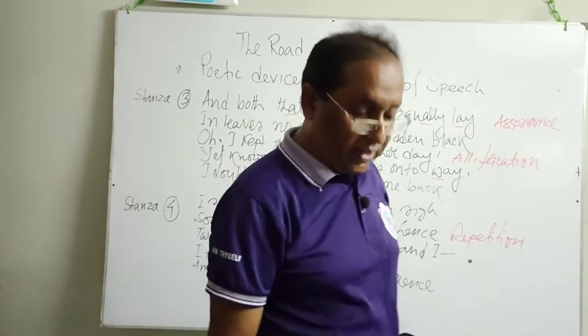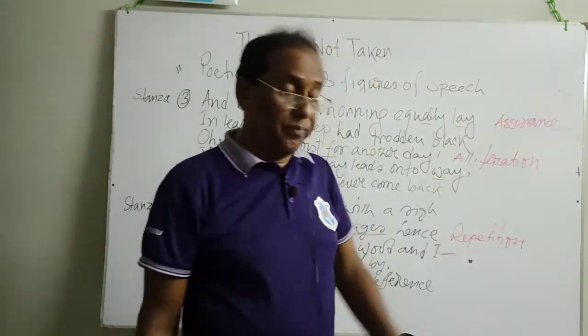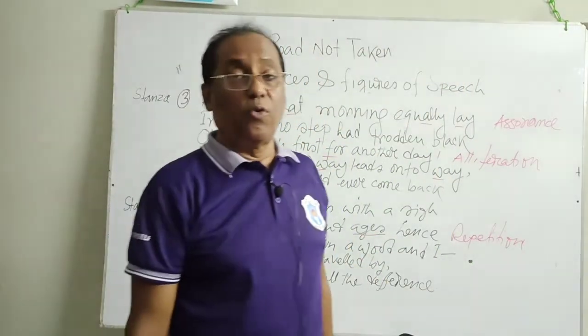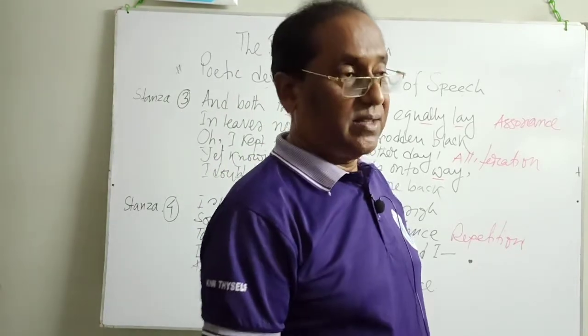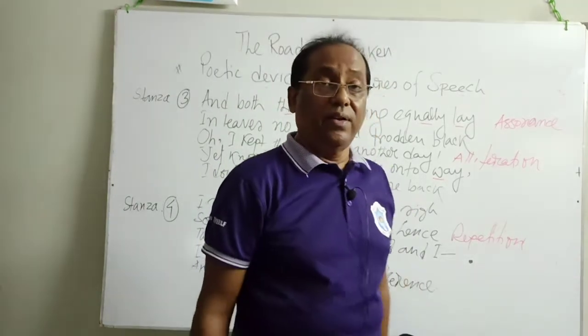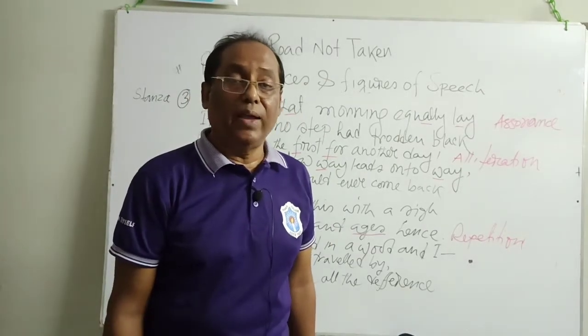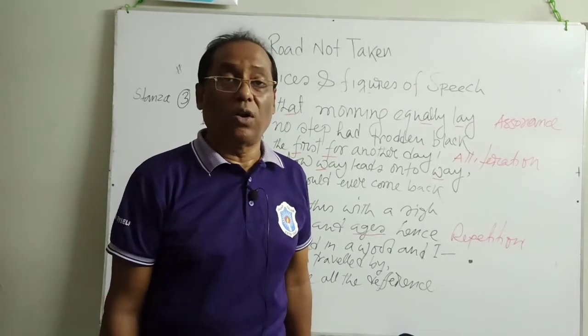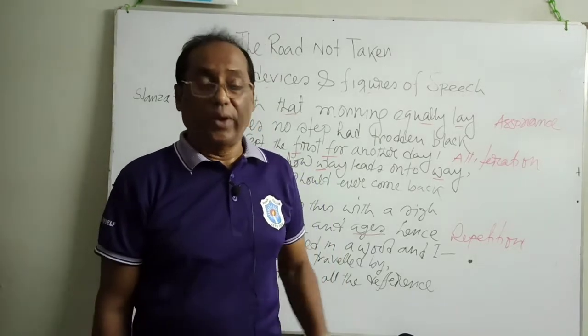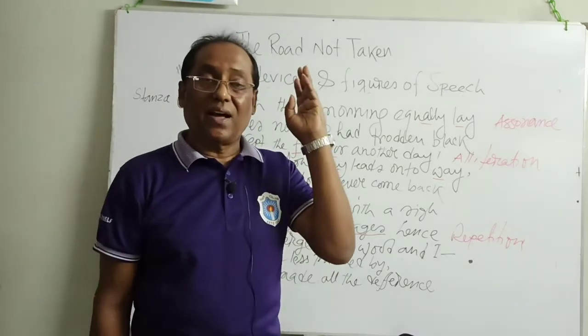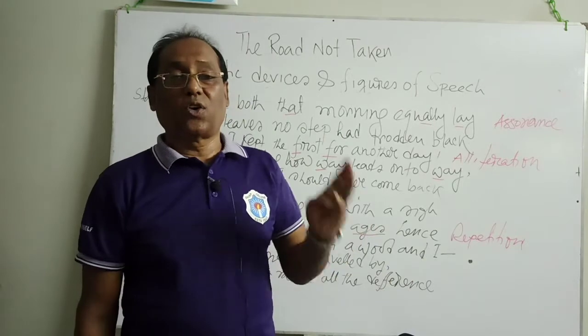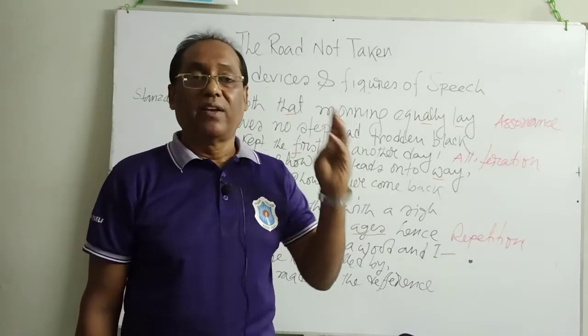As I have mentioned, in this poem we find 4 stanzas and each stanza consists of 5 lines. So it is called quatrain. Quatrain is a stanza consisting of 5 lines.